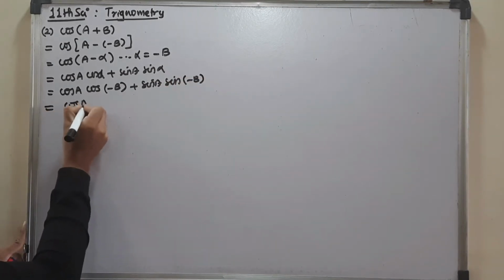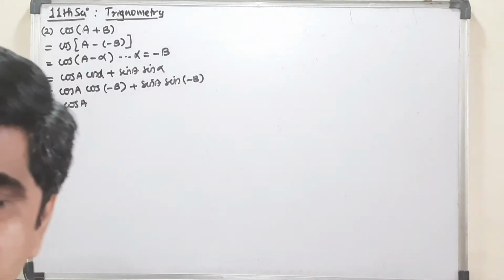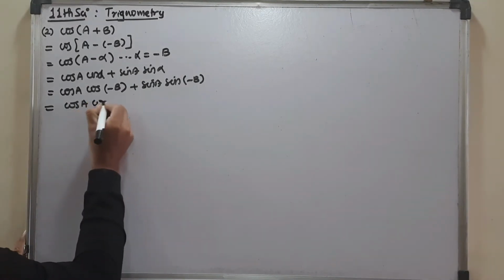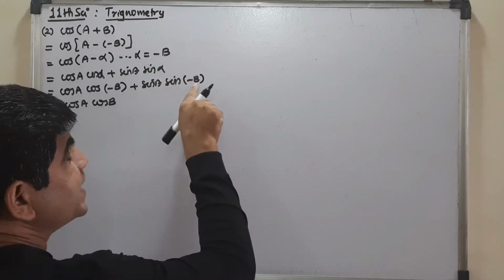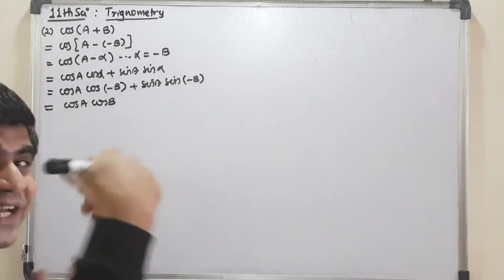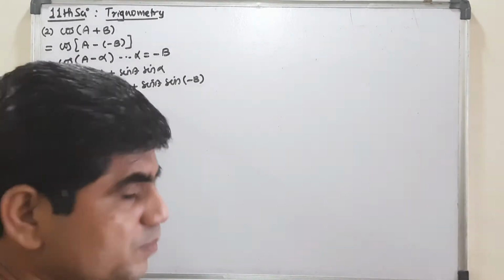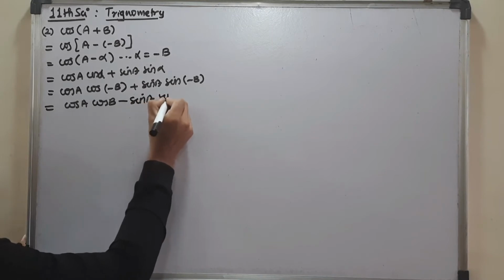So this becomes cos a, and previously we already saw that cos minus theta is equal to cos theta. So this will become cos b, but sine of minus theta is equal to minus sine theta. So that minus will multiply with this plus and become minus, that is sine a sine b.